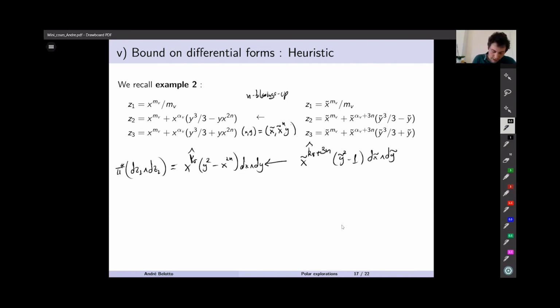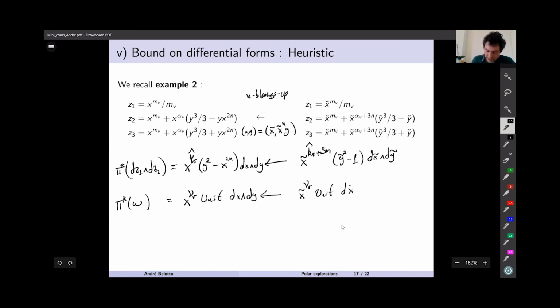Okay. And now I do have that special term there that is coming from that differential, the bound that we obtained. And this guy is x to mu_v times a unit dx dy. So if I try to pull it back, what I'm going to obtain is x tilde mu_v, a unit, and in here is going to appear d x tilde, exterior d x tilde to the power n y.